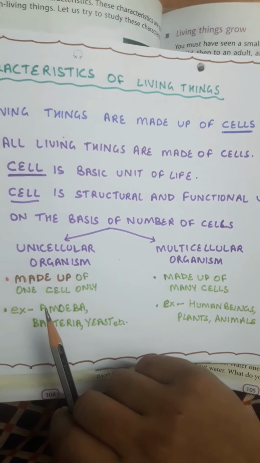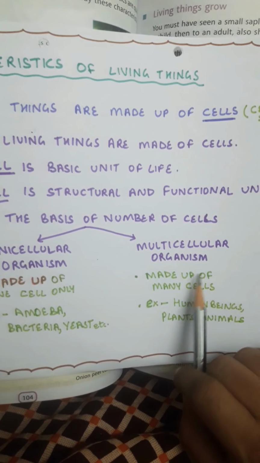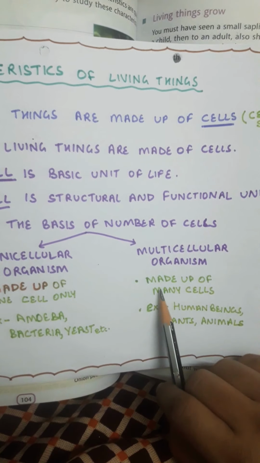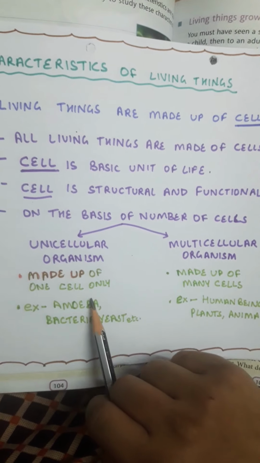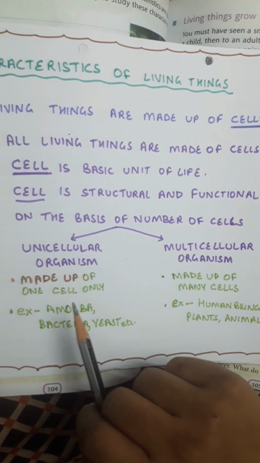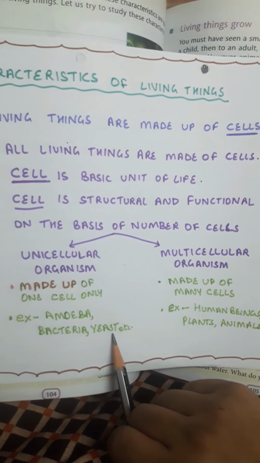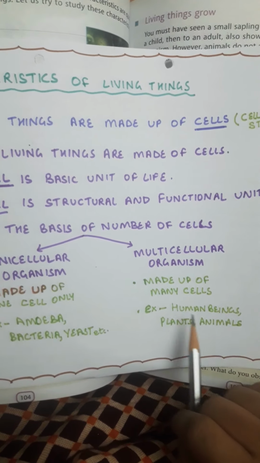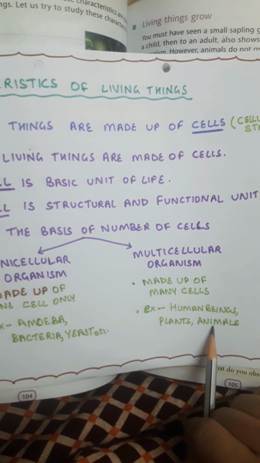Whereas multicellular organisms are made up of many cells. The examples for the unicellular organisms, whose body is made up of only one cell, are amoeba, bacteria, yeast. Whereas multicellular organisms, the examples are human beings, we all are multicellular, plants and animals.